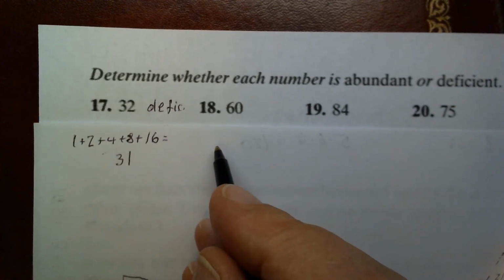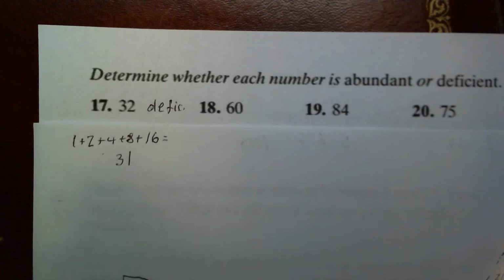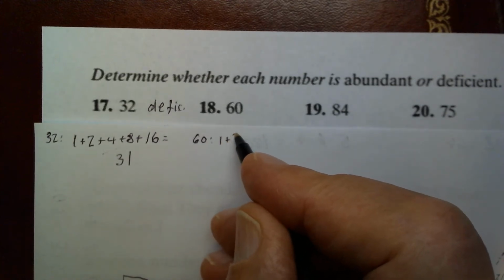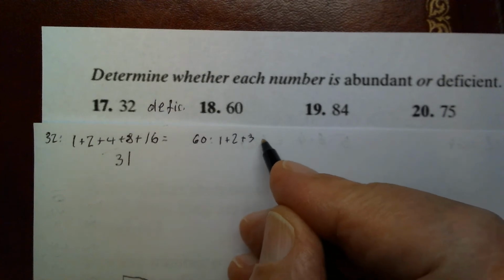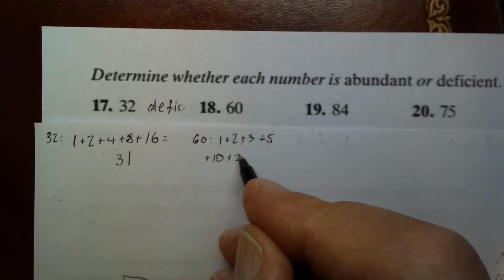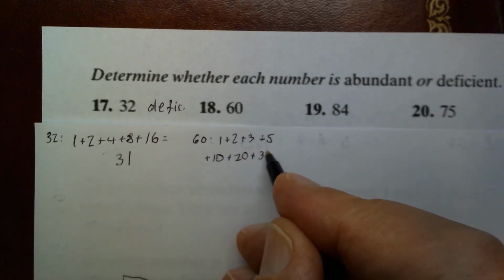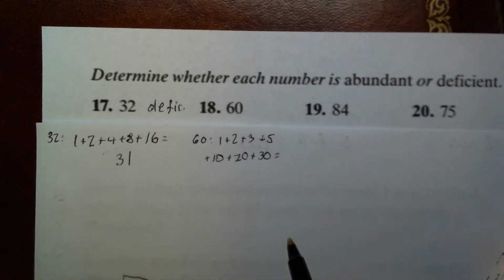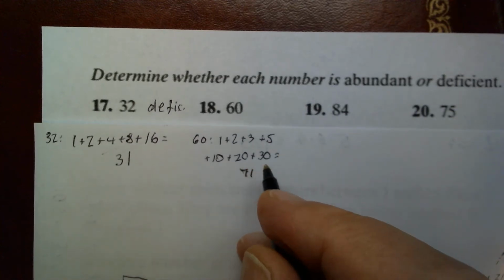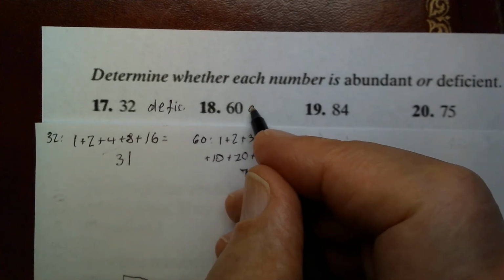Now when we look at 60, the sum of its proper divisors, so its proper divisors are 1 plus 2 plus 3 plus 5 plus 10 plus 20 plus 30, which is equal to 71. So in other words, the number 60 is abundant.